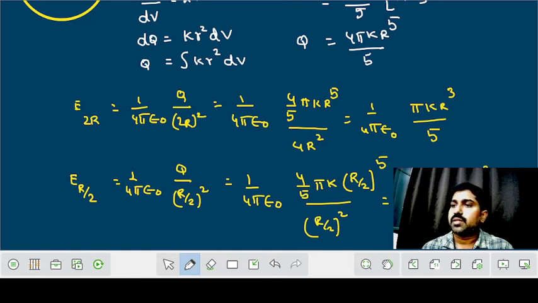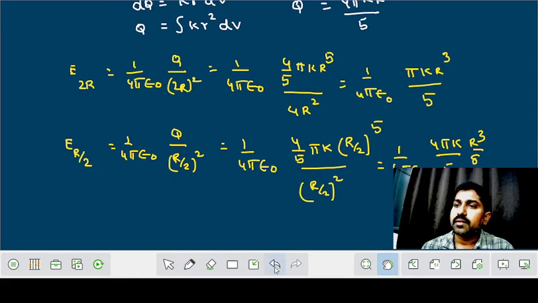So 4 2s are 8, and 5 into 2 will be 10. We get pi k r cube by 10.